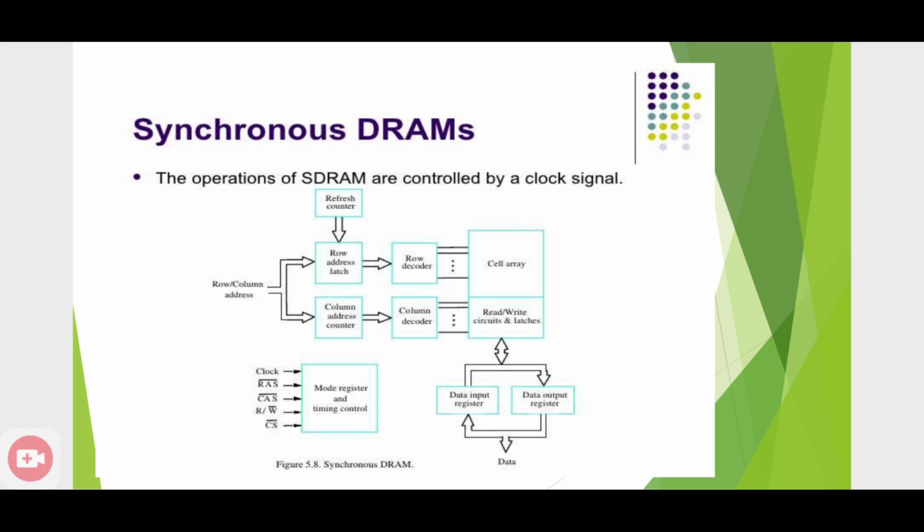So there are two main classifications for the dynamic RAM: asynchronous DRAM and synchronous DRAM. In synchronous DRAM, all the operations are controlled by a clock signal.